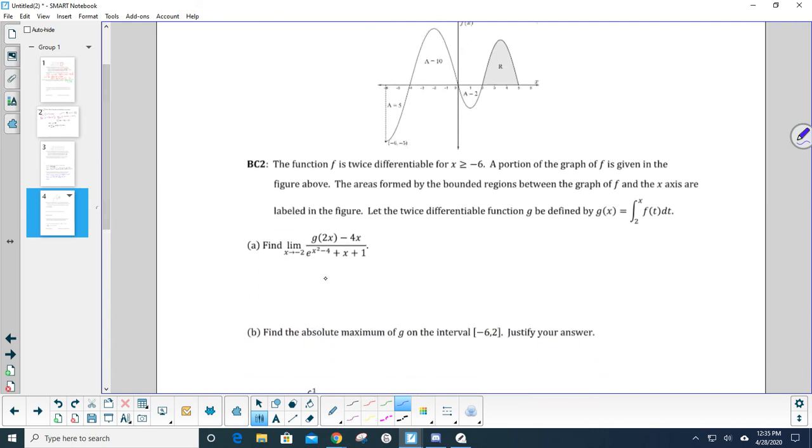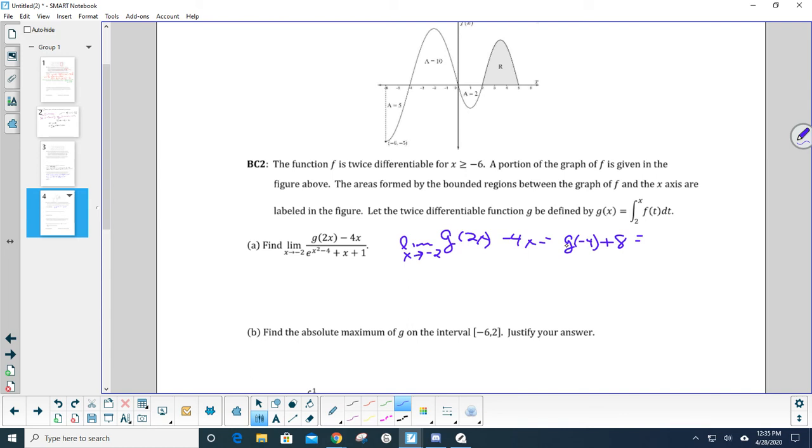Okay. So now let's take a look at the limit as x approaches -2 of g sub 2x minus 4x. If I put the -2 in up here, I get g sub -4 plus 8. So now g sub -4, what am I going to do with that?